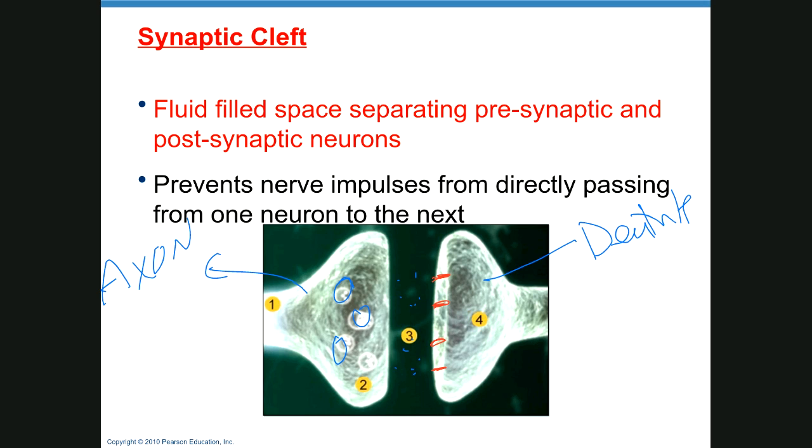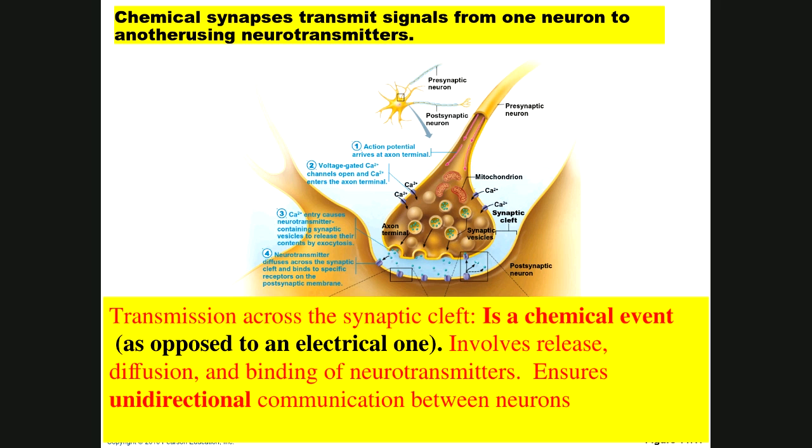So make sure you keep that straight as to what is the presynaptic neuron's role and what is the postsynaptic neuron's role. We saw this last time in chapter 9: what causes the release of the neurotransmitters is the influx of calcium into the axon of the presynaptic neuron.